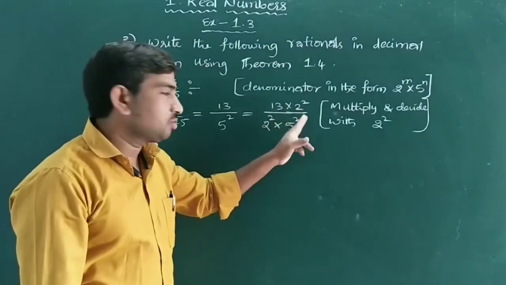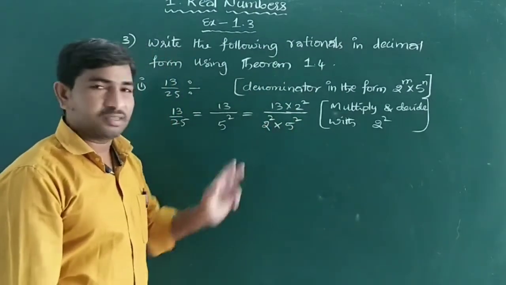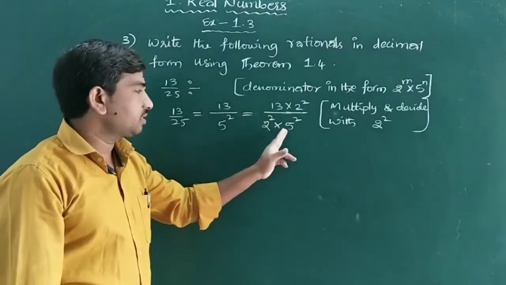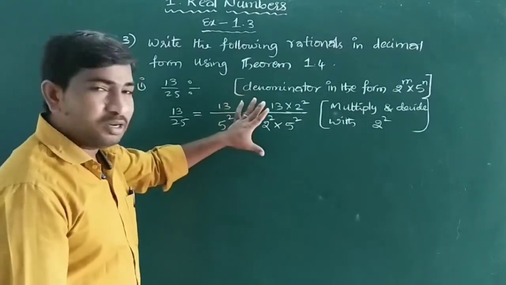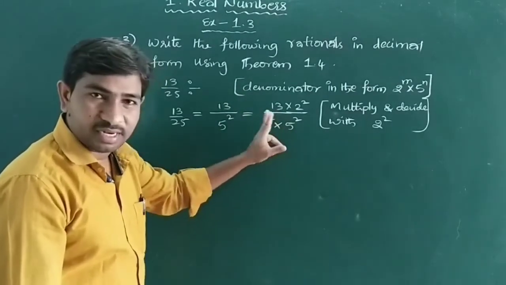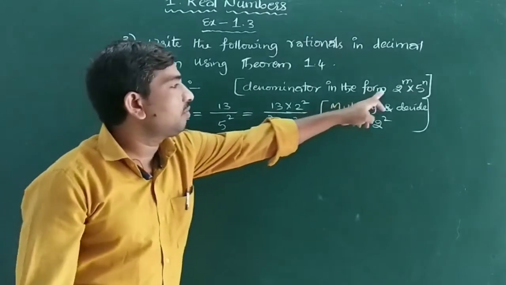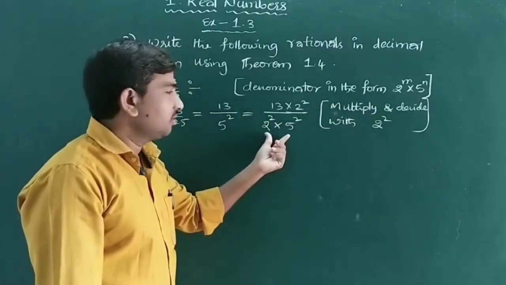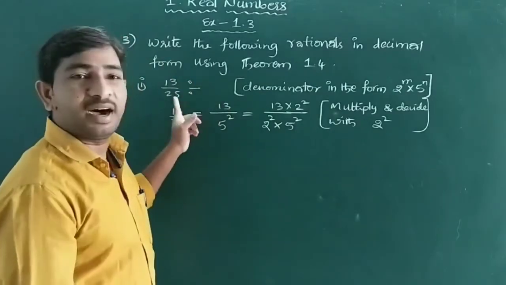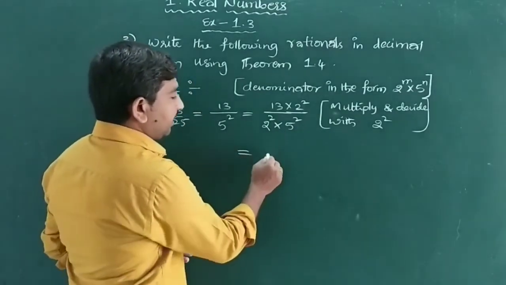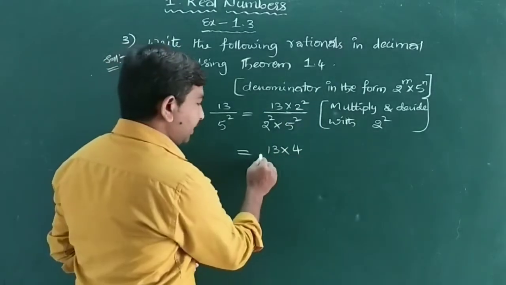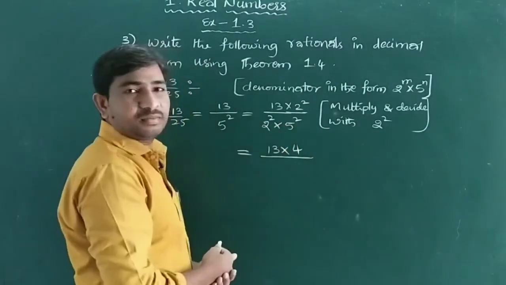So 13 into 2 square by 2 square into 5 square. Now try to understand the denominator place. This is our requirement: it is in the form of 2 power m into 5 power n. So it is very easy now to convert to decimal form. How? 13 into 2 square can be written as 13 into 4 by 2 into 5 whole square.